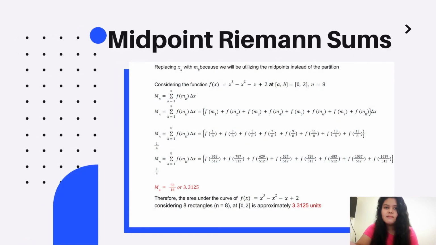After getting the summation of the areas, we now have our answer, which is 3.3125. Therefore, the approximated area under the curve of f of x equal to x cubed minus x squared minus x plus 2, considering 8 rectangles at 0, 2, is approximately 3.3125 units.